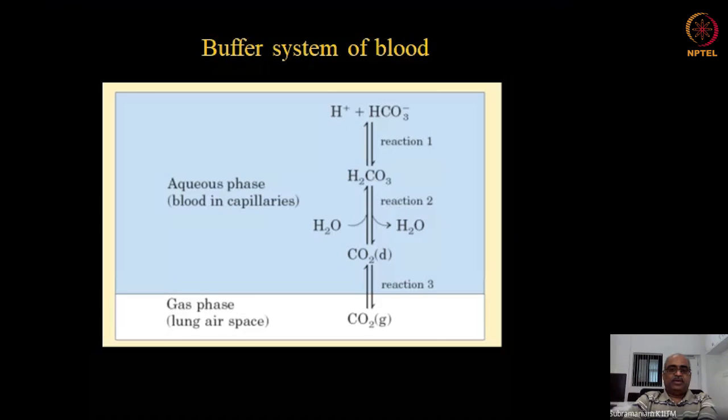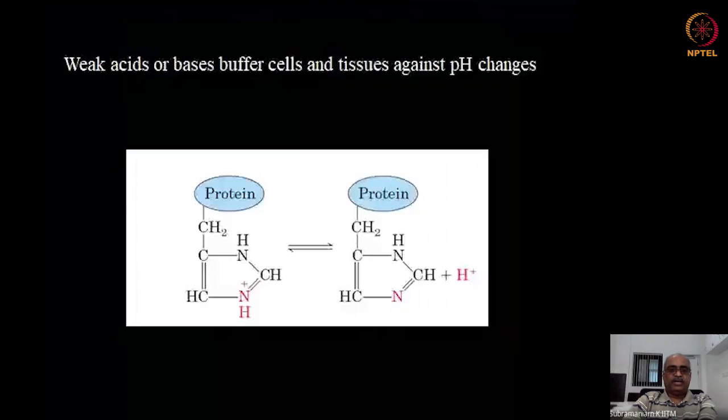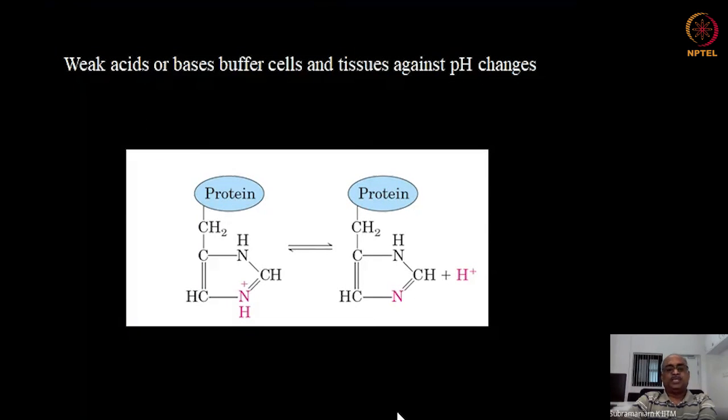In the slide before, I told you how there are charged groups in our biomolecules that can act as weak acids and bases, and therefore have some buffering ability. But they are not enough to handle the large volume of proton formation and consumption in our whole system.